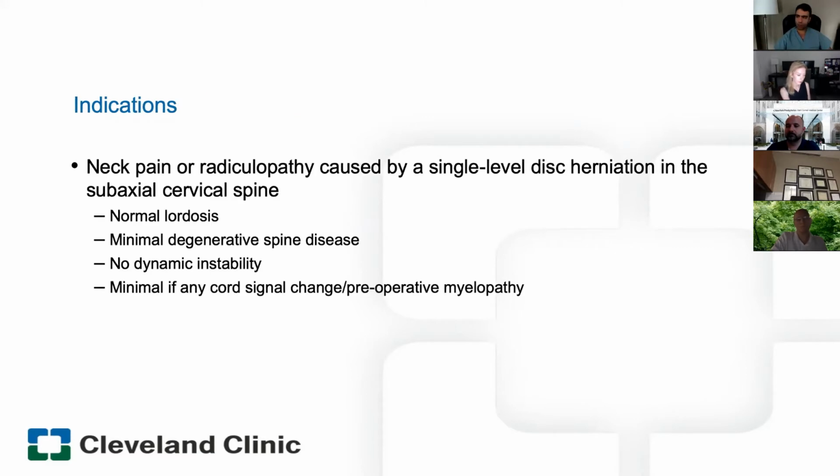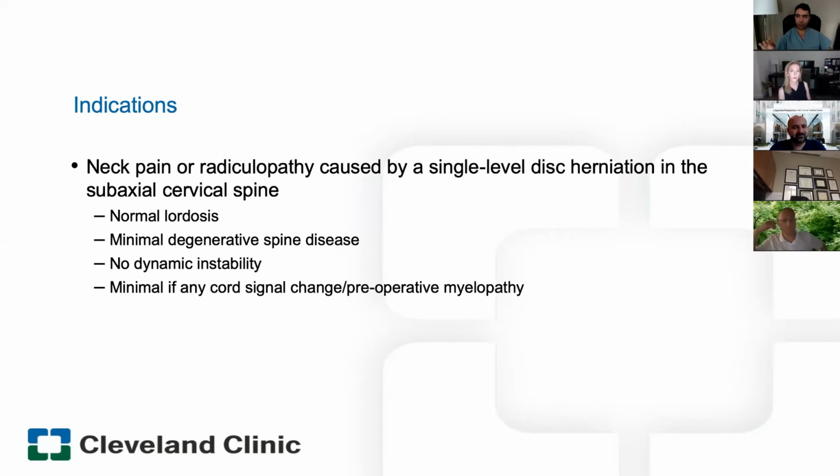So there's differences. The main indications for cervical arthroplasty are neck pain, so these patients predominantly have neck pain as their chief complaint, and radiculopathy. For other indications, predominantly myelopathy or patients with severe deformity, the indications for arthroplasty are not as well developed.